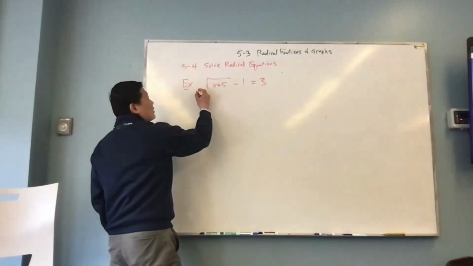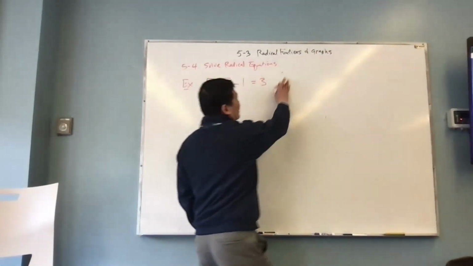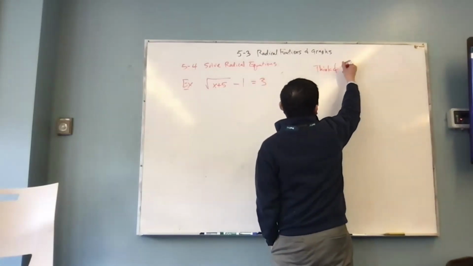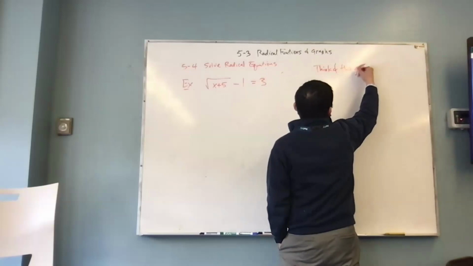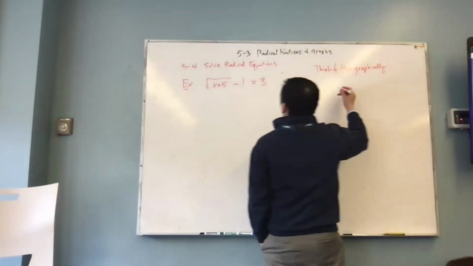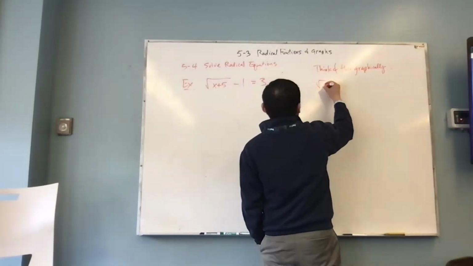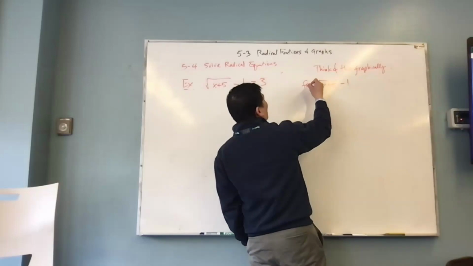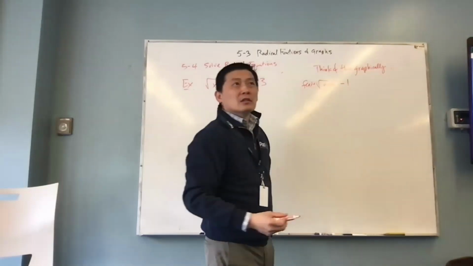If I'm going to look at this, think of this graphically. Square root of x plus 5 minus 1, we can think of this as f of x.